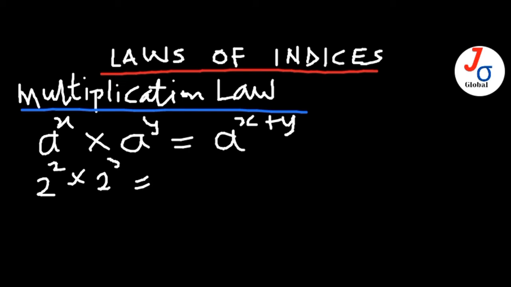Since both of them have the common base 2, you're going to add up the powers, 2 plus 3, and I go with 2 raised to the power of 5. And 2 raised to the power of 5 is 32.